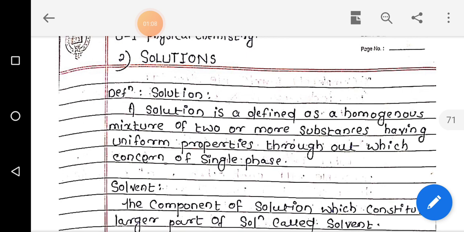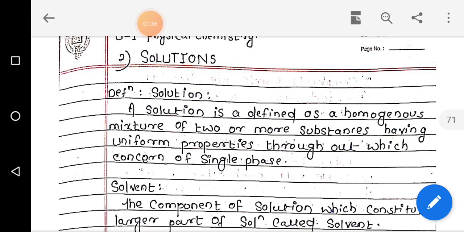So the condition for the formation of the solution is that the solute is to be dissolved. The best example for understanding the solution is a mixture of sugar in water. In this case we can consider the sugar as the solute, which is present in the small quantity, and the second one is the water.